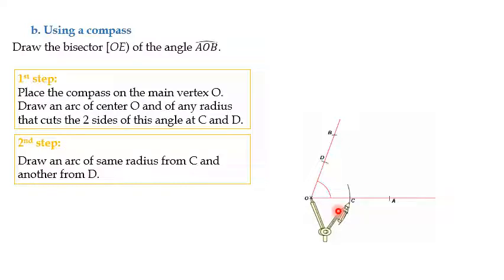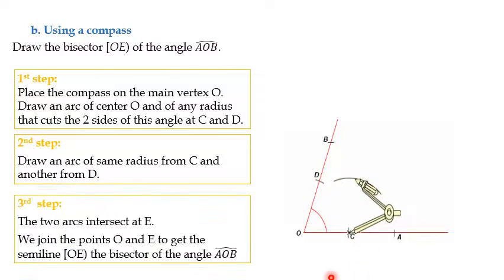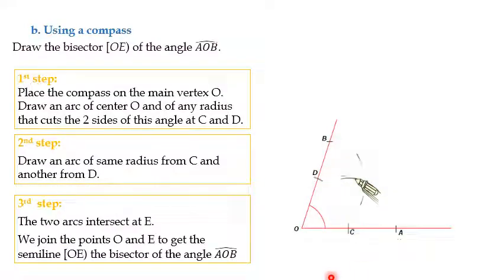Then draw an arc of the same radius from C and D. Here I put one hand of the compass on C, draw an arc. Similarly, I put it on D and draw another arc.